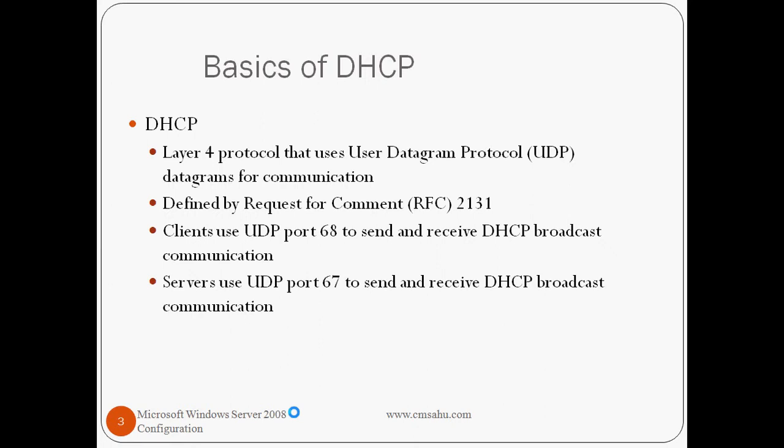In which layer does DHCP work? It's a layer 4 protocol. DHCP is a layer 4 protocol that uses User Datagram Protocol, UDP. It communicates by UDP only, and it is defined by Request for Comments RFC 2131.